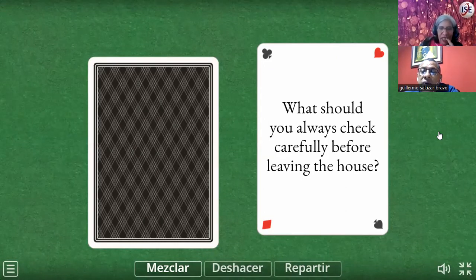What should you always check carefully before leaving the house? I must check I have the keys, and my near-sight glasses and my far-sight glasses. Mis lentes de ver de lejos.